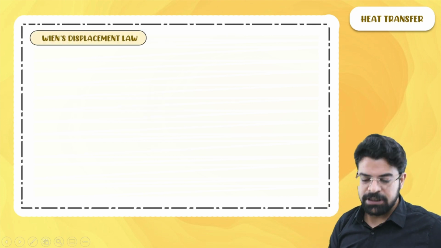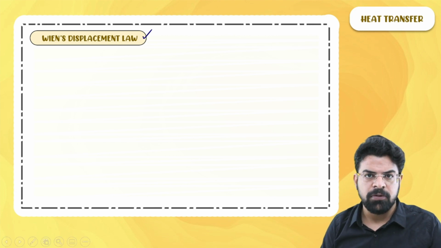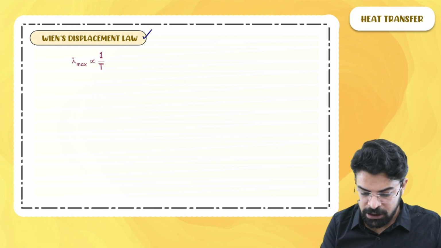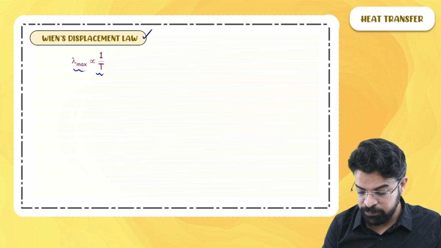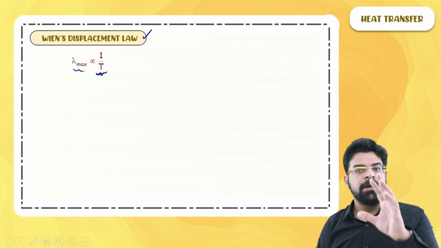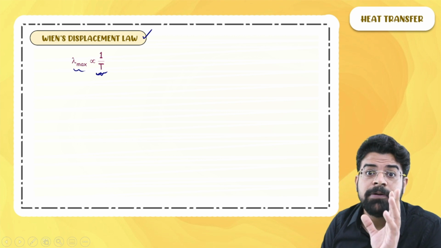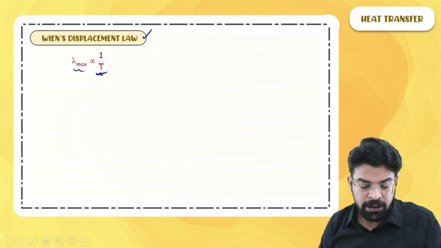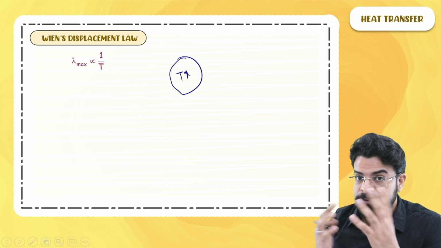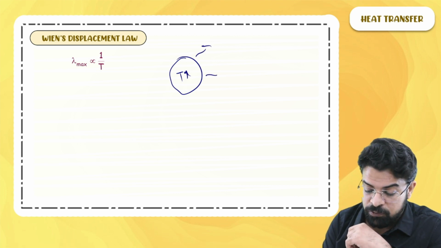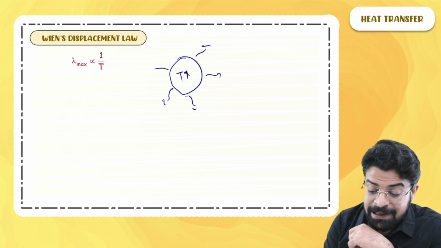So this brings us to Wien's displacement law. What does the law say? Lambda max is inversely proportional to the absolute temperature. So if the temperature becomes double, lambda max becomes half. Temperature becomes triple, lambda max becomes one third. Isn't this obvious, that if you increase the temperature of an object, it will release photons of even higher energy?